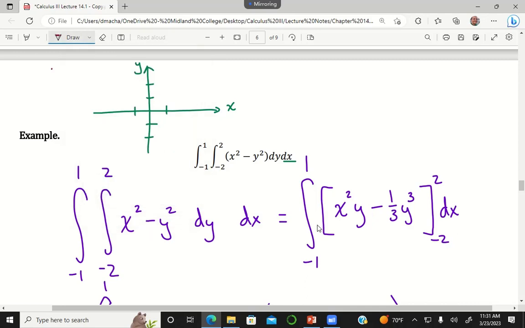So there's a little region in my plane, a rectangular shaped region. And in that rectangular shaped region, I'm evaluating this function. I've got a multivariable function. It's a function of x and y. And it's x squared minus y squared. And what I'm saying is I'm integrating this function over this entire region.